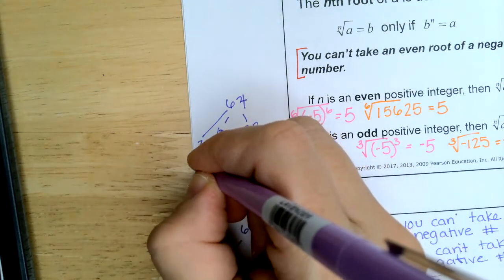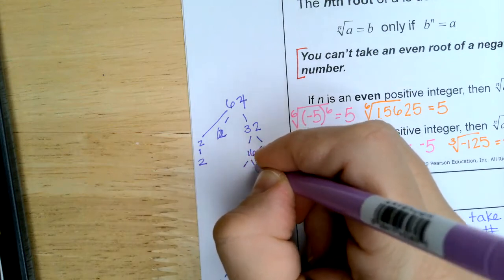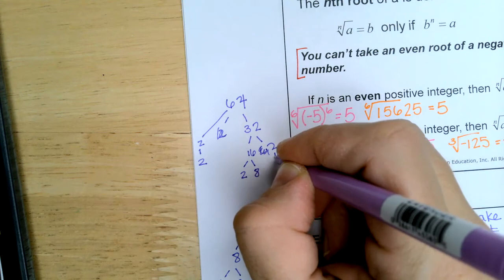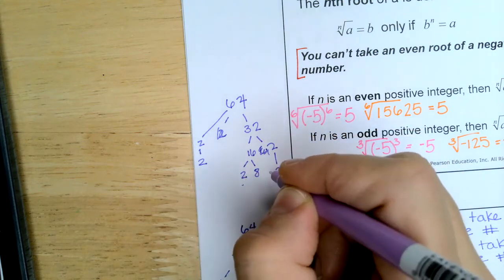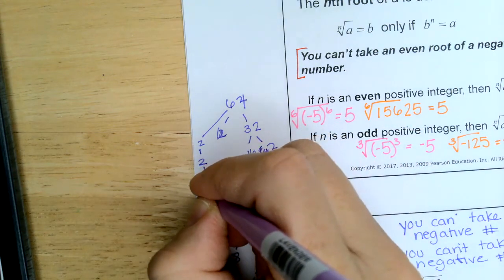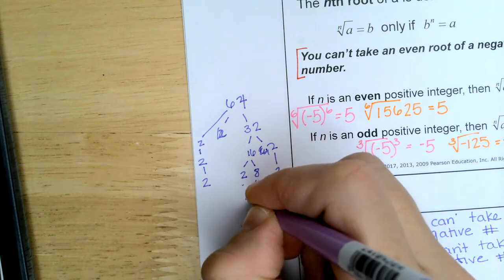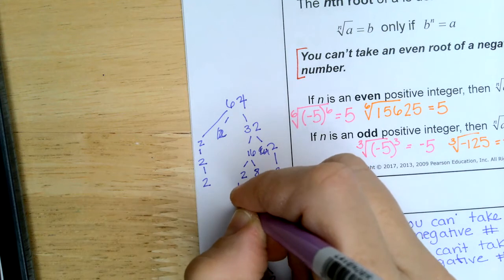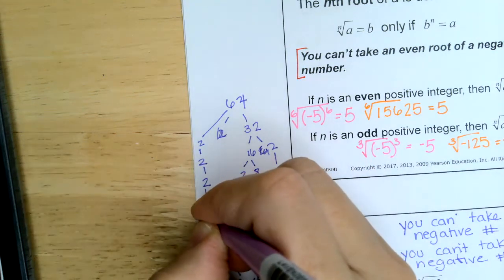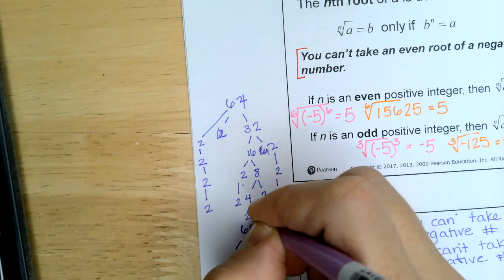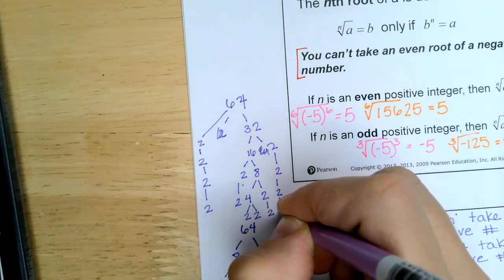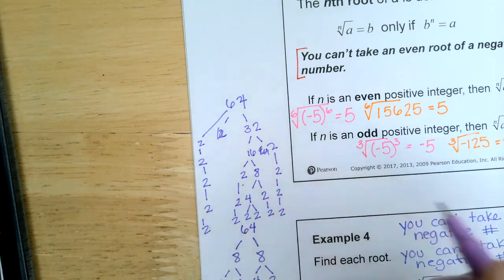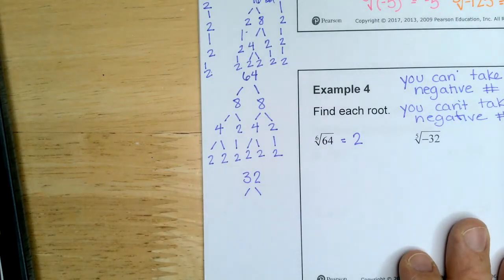Bring that 2 down. 16 becomes 8 and 2. Bring that 2 down. 8 becomes 4 and 2. Bring all the 2s down. 4 becomes 2 and 2. 1, 2, 3, 4, 5, 6. Either way, I end up with 6.